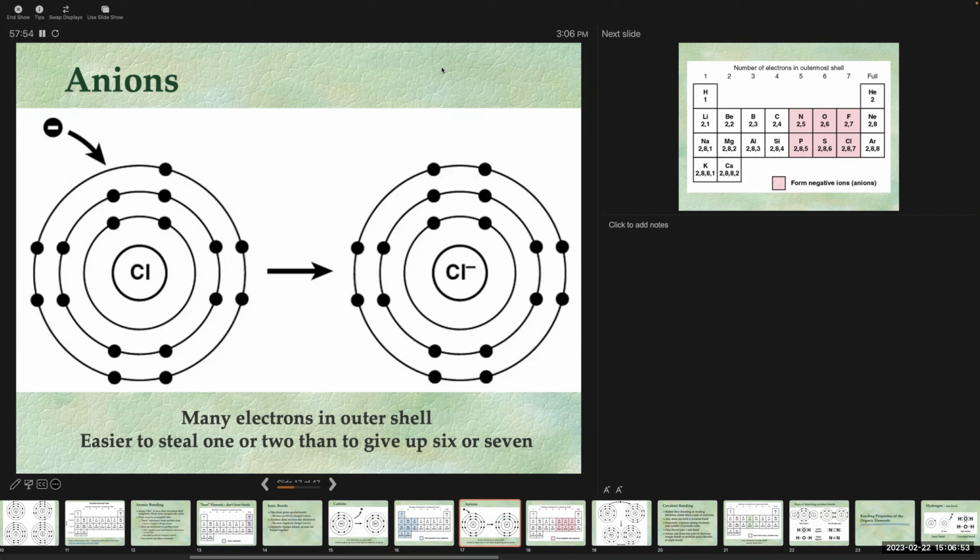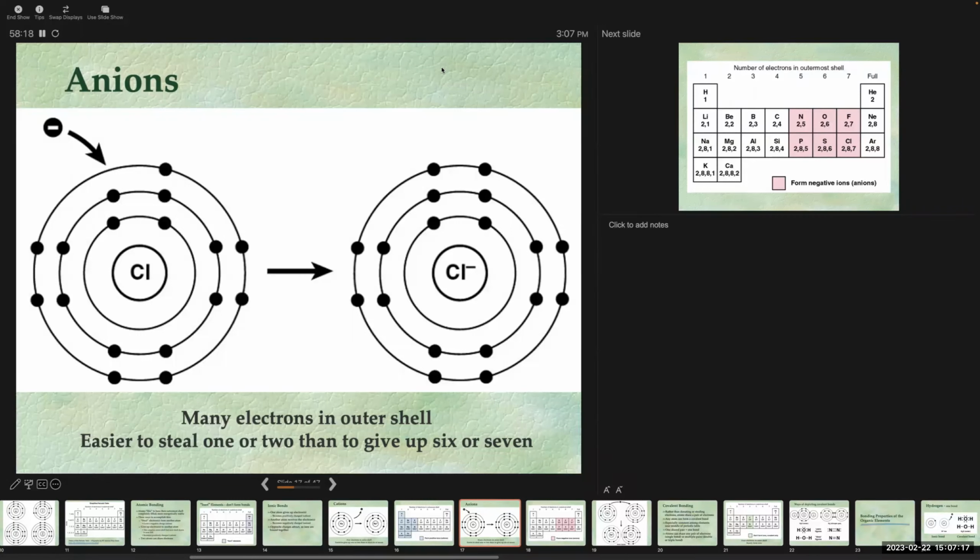For example, chlorine has an atomic number of 17. So 17 protons in the nucleus, 17 electrons orbiting in the electrically neutral version of chlorine. So if you think about how those 17 electrons are organized, there are going to be 2 in the first shell, 8 in the second shell.